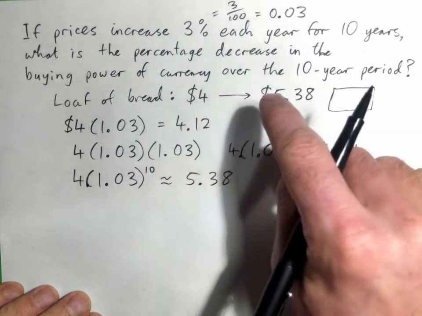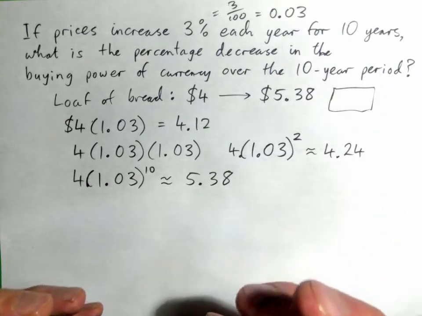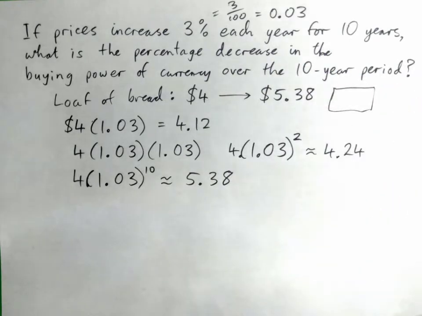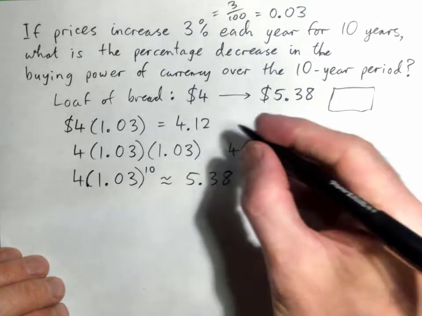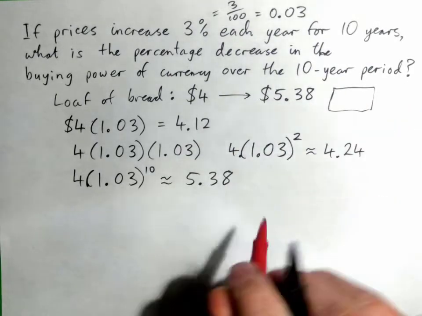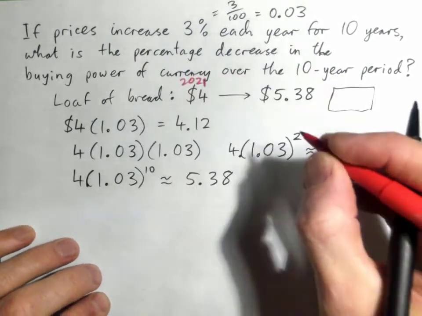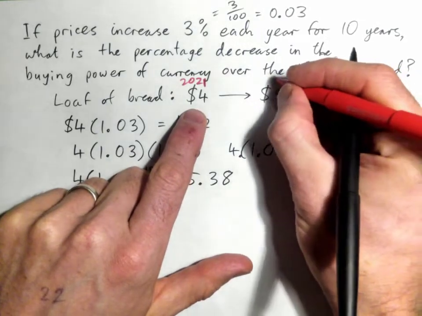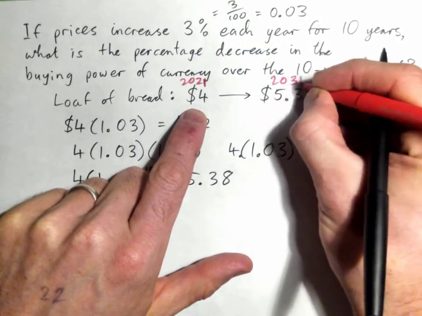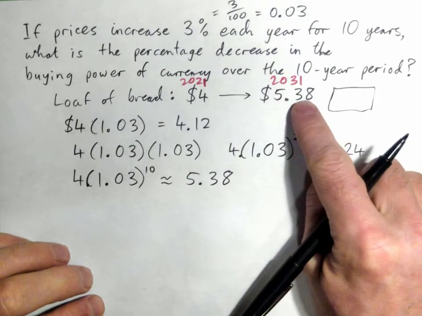So the percentage decrease. Well, let's think of it this way, right? I'll just call this year 2021. We can buy the loaf of bread for $4, but in 10 years time, 2031, it costs $5.38. Okay, so what does that mean?